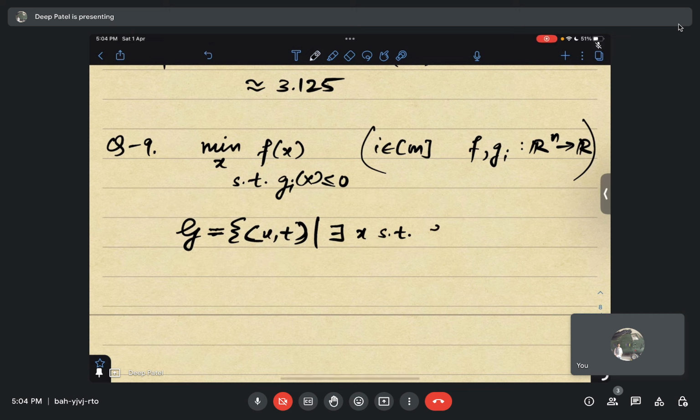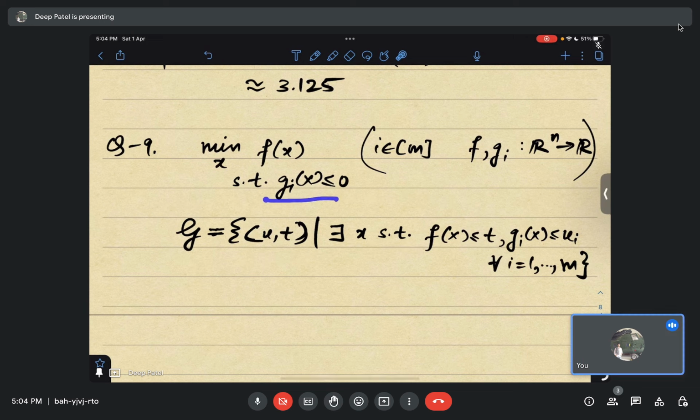Just one small question. When you are defining this, obviously we are relaxing the constraint, right? Instead of less than or equal to, we are defining a t and then a u. So we are relaxing some of the constraints, and that helps in defining the dual space in a sense. I was a little unclear about that.